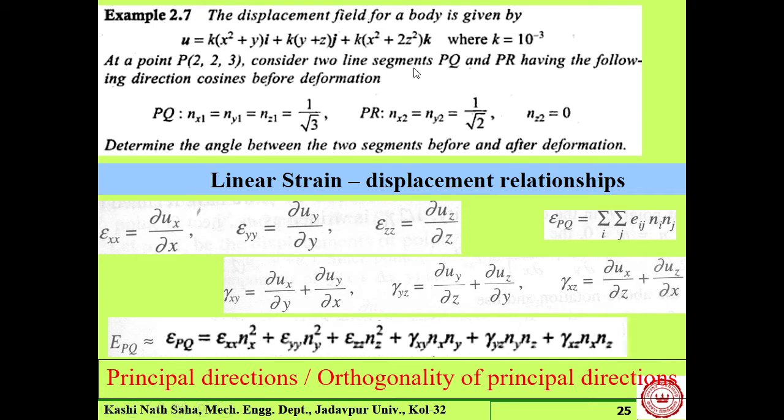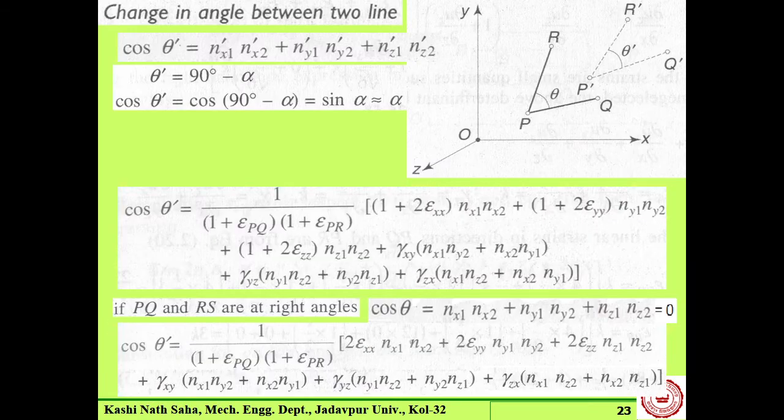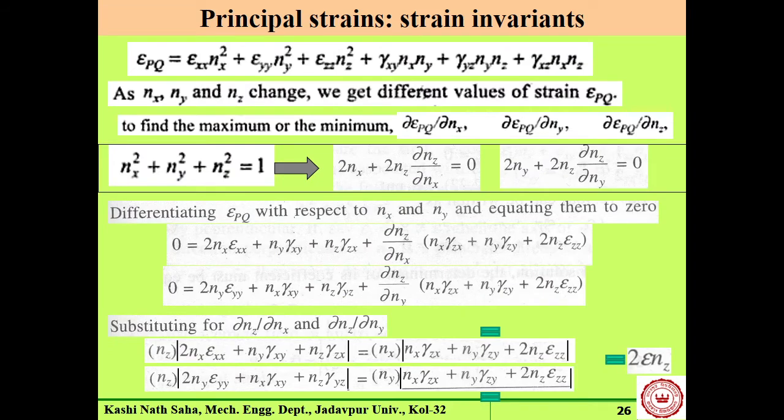Okay, so what next? Next we had a problem on principal strain and principal directions, right? This was after that. This is how we derived the principal strain. Remember that, right?